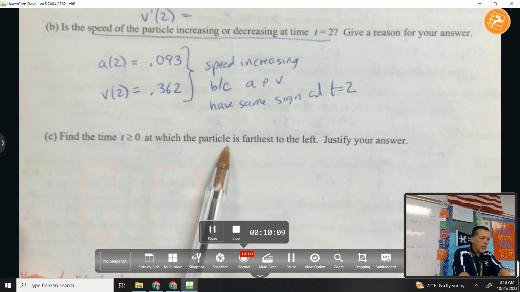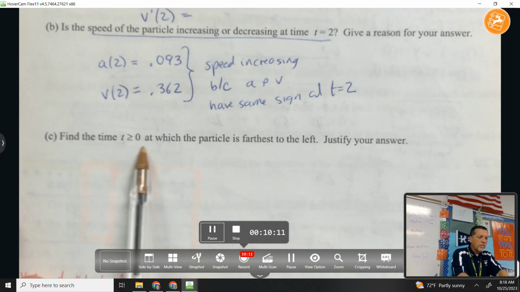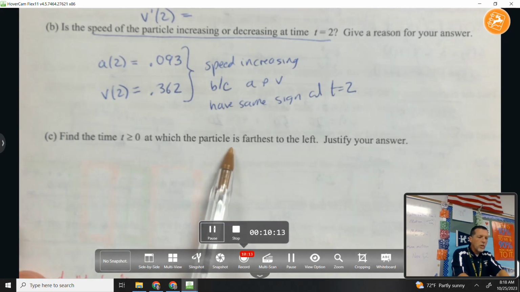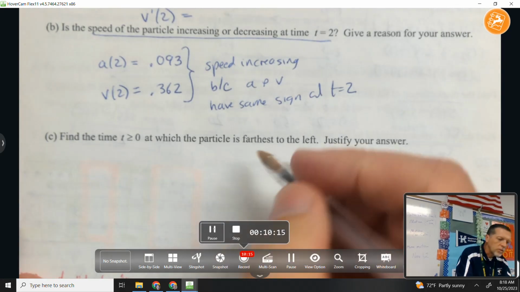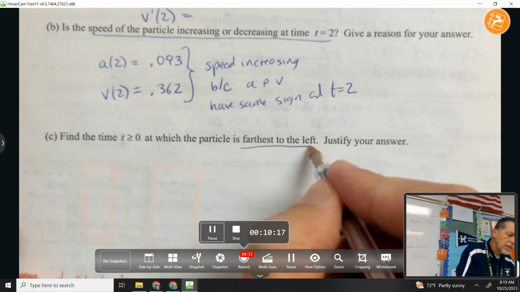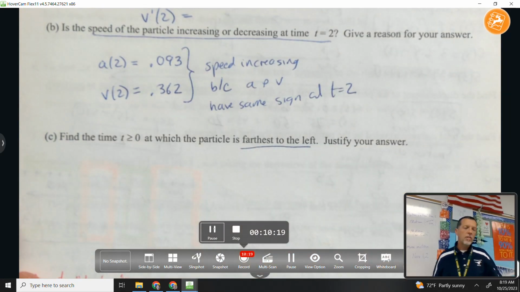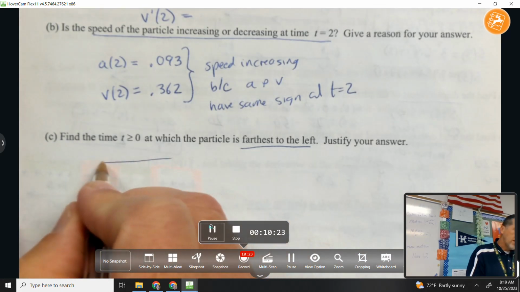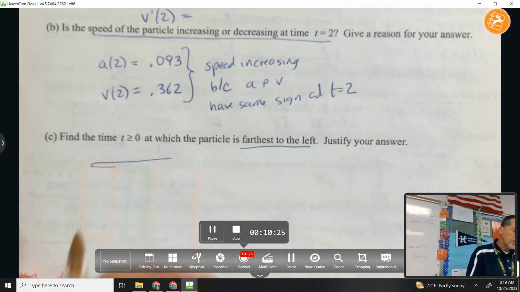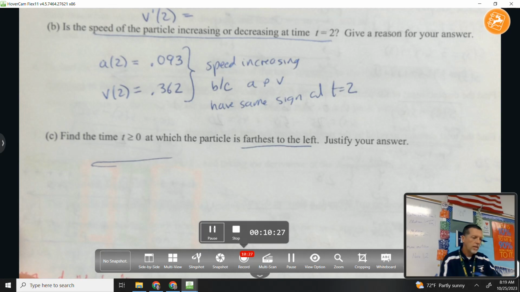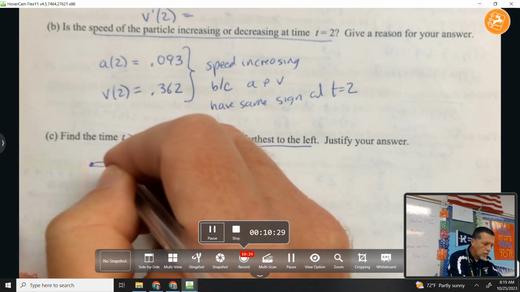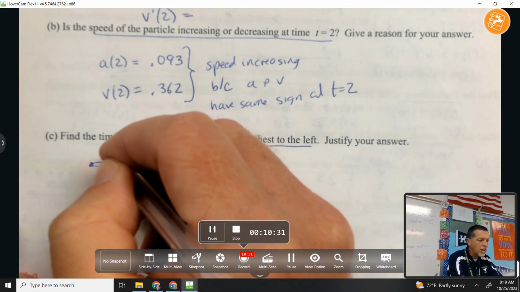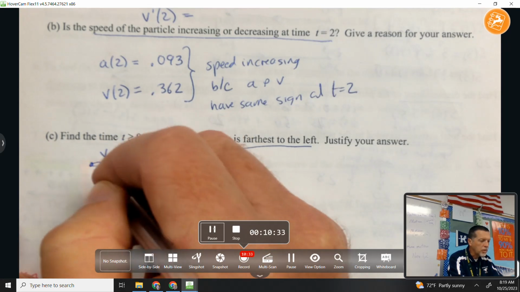All right, part C. At times greater than 0, find the time where the particle is farthest to the left. Farthest to the left. So moving left and then turning around. What would be going on in terms of V at the spot where we turn around?